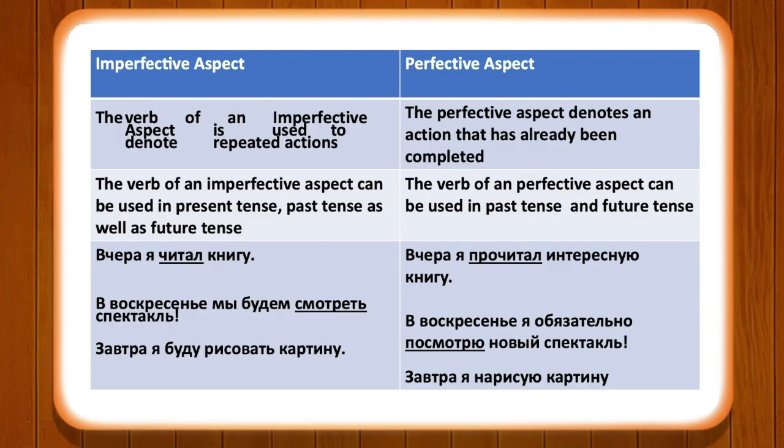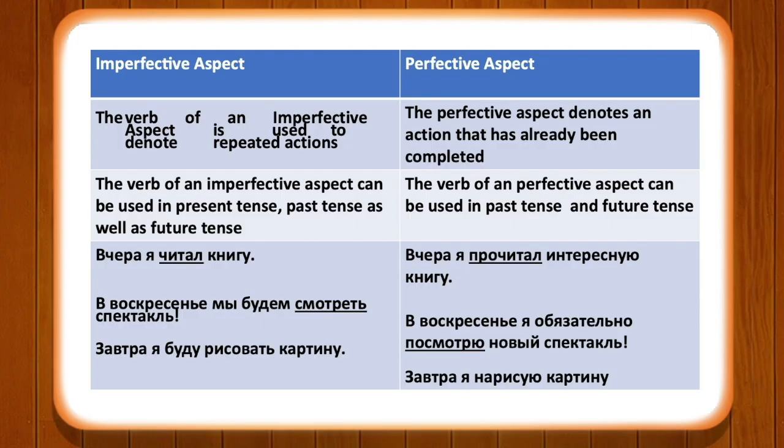The difference in the meaning of using chitat and prochitat is that when you use the imperfective verb, it indicates only the action that has taken place without any reference to its completion. Just as a naming of a fact, one can use the form of the imperfective verb. Вчера я читал книгу would mean I read a book.